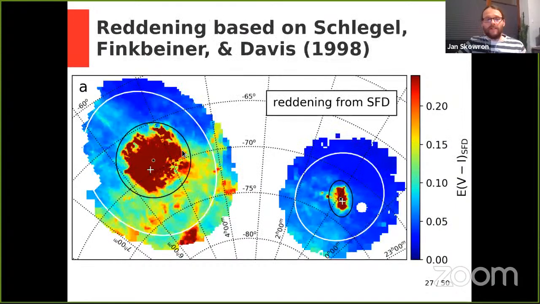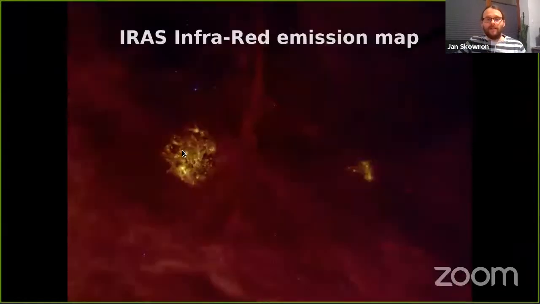So the reason for this is basically this emission they were using for their calibration. You can see the emission from the Milky Way gas all over the image, but the emission from SMC and LMC is very different.